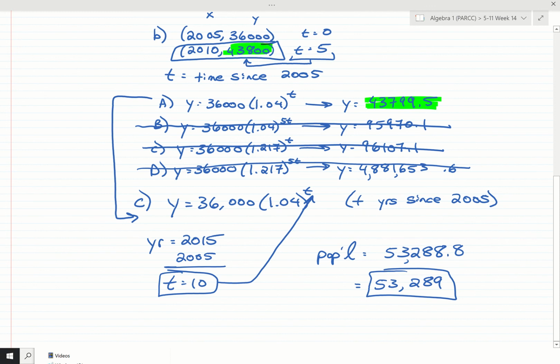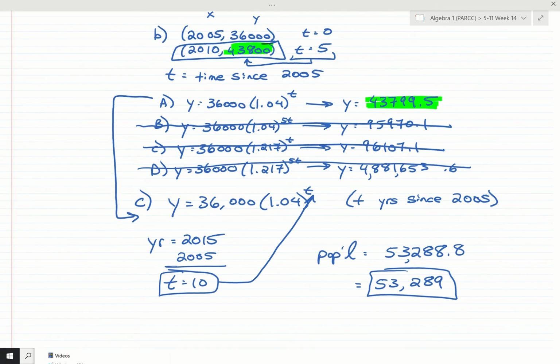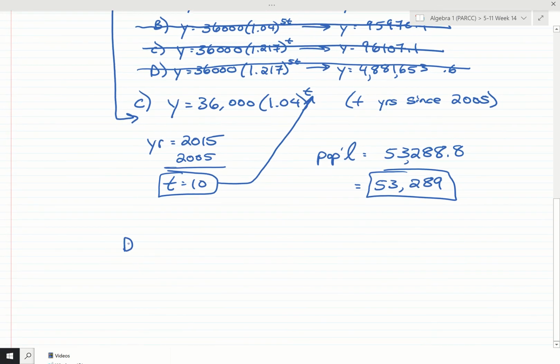Now it looks like we have one more part here, part D. Now for part D, it says another town's population could be modeled by the function P of t is equal to 27,400 times 1.66 to the power of t divided by 10, where P is the population and t represents the time in years since 2005.